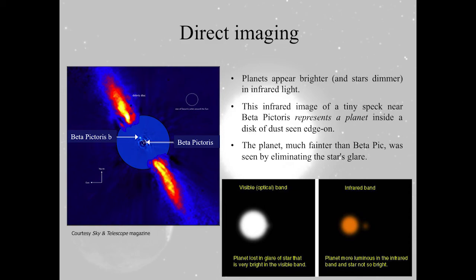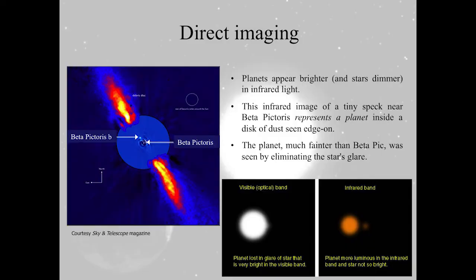And we once again see kind of an edge-on disk of material here. But when we carefully process the image to carefully remove the star's light, one little dot of light was left over. That's a planet. Okay? So here's another of our few pictures of extrasolar planets.